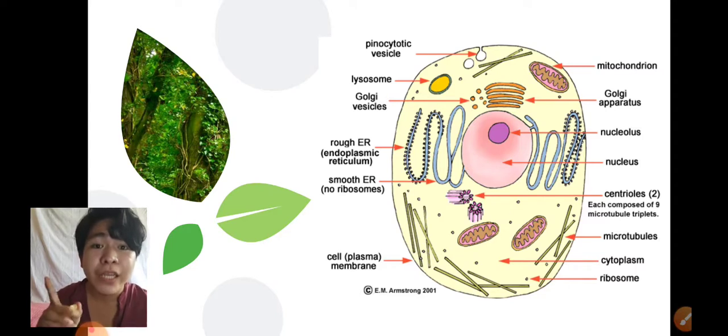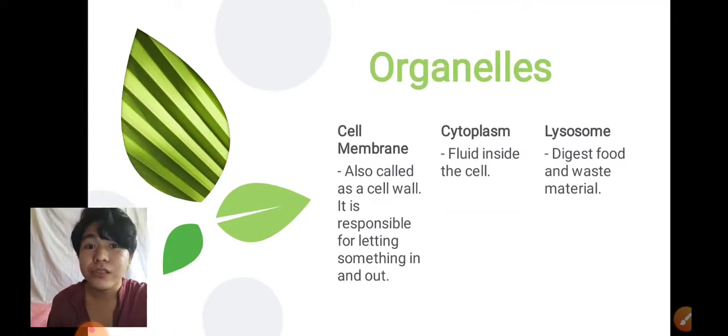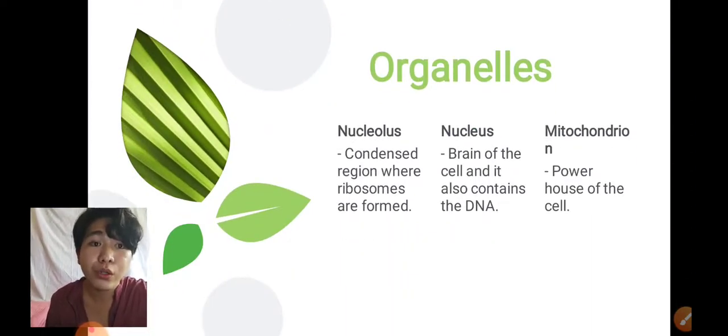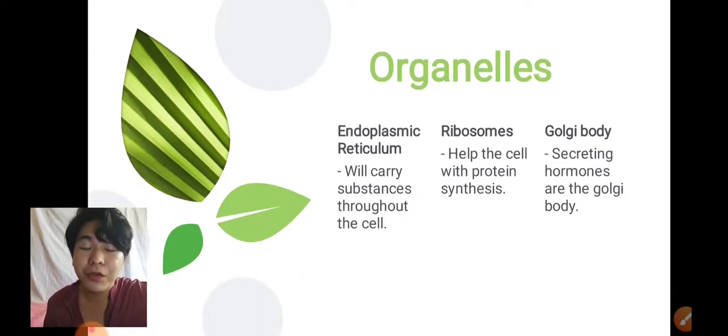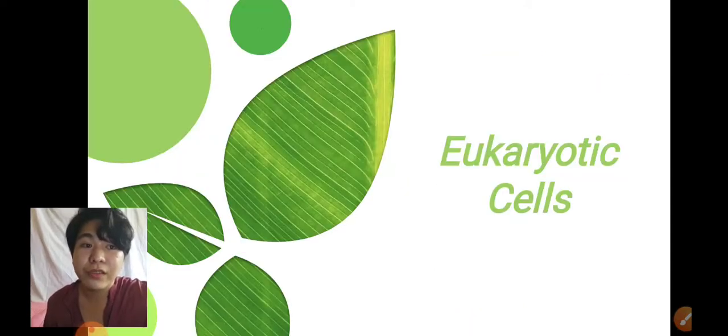It is an animal cell because in the first place it is round. Later on you could compare the difference between plant and animal cells. Organelles, we will have a separate discussion about these organelles. So we have cell membrane, cytoplasm, lysosome, nucleus, mitochondrion, endoplasmic reticulum, ribosomes, Golgi body, vacuole, nuclear membrane, centrosome.